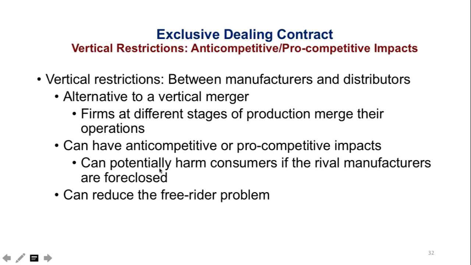But if they integrate vertically, there is a reduction in the free rider problem, and this investment in informing the customers about the real function of the product benefits the customers.